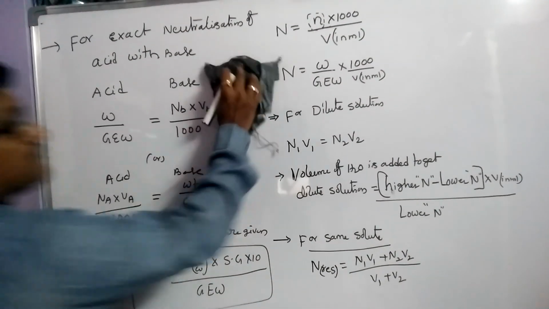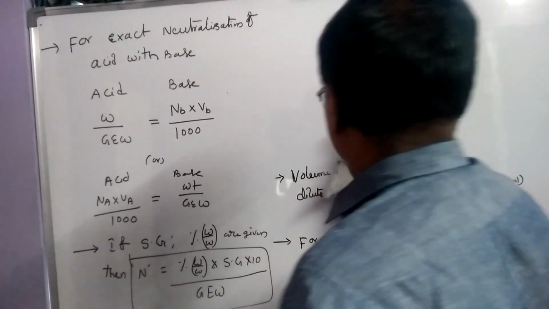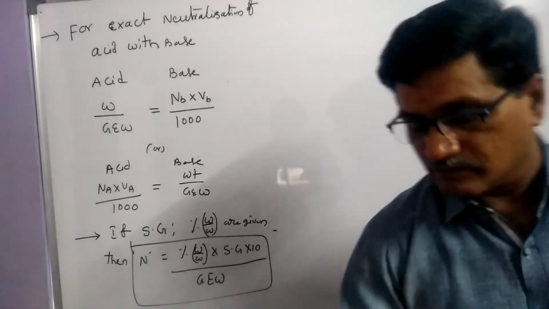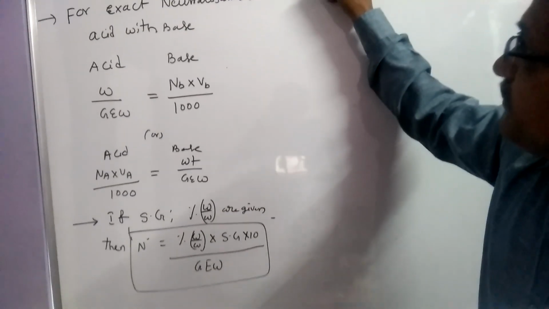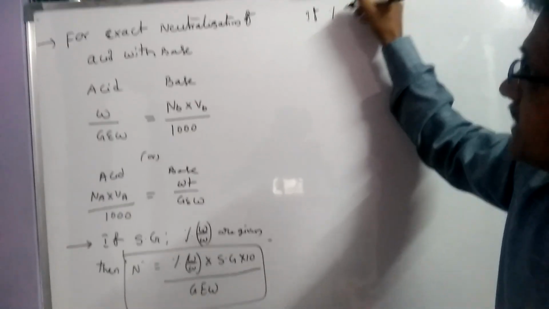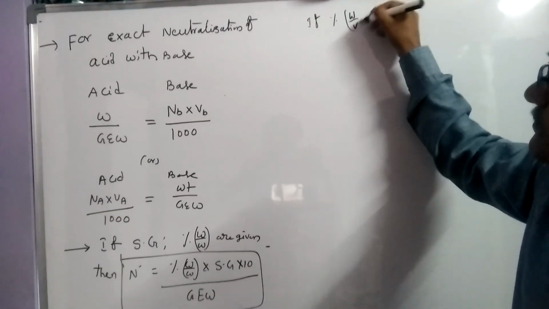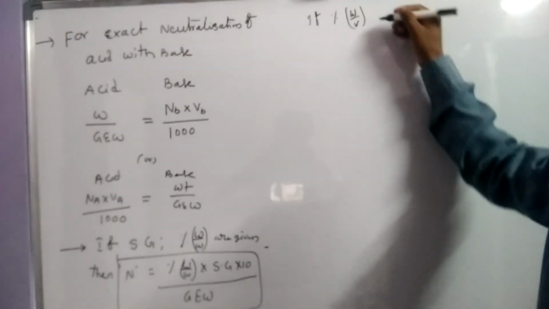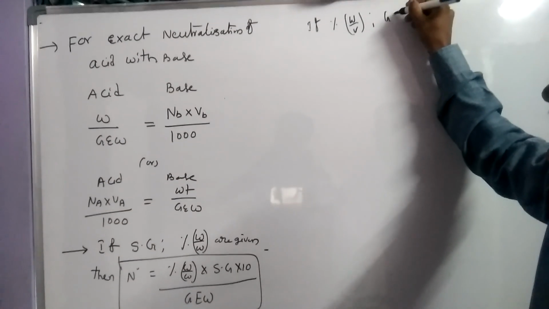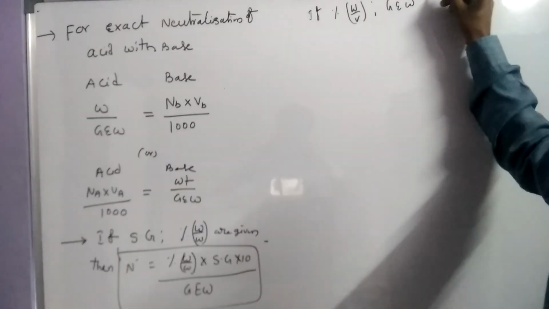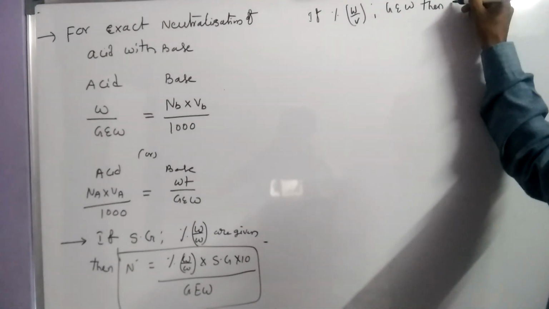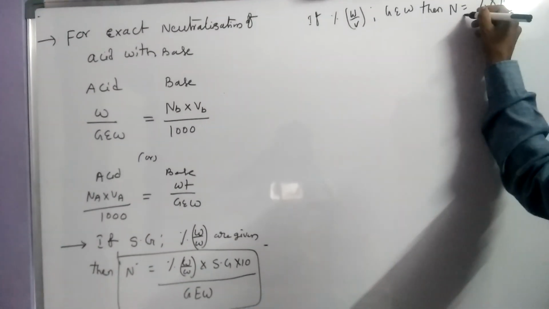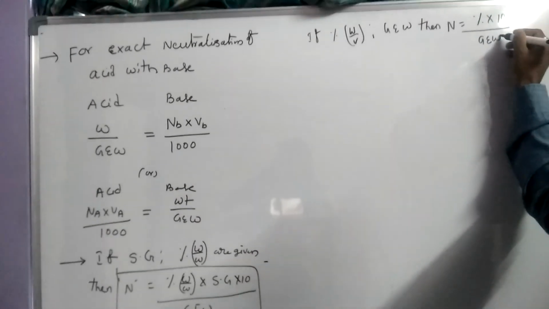Next one, if percentage, that is weight by volume, is given, indirectly gram equivalent weight is given, then normality is equal to percentage into 10 by gram equivalent weight.